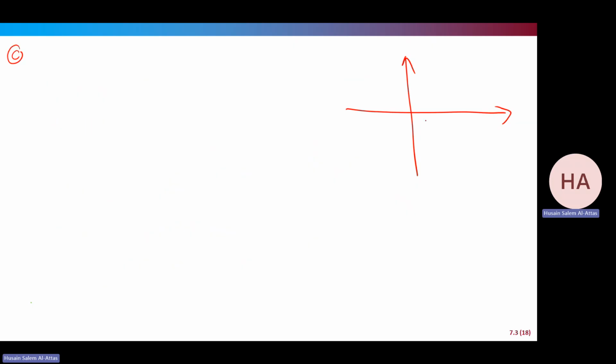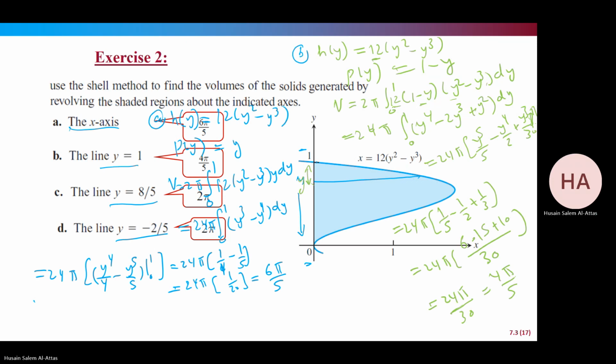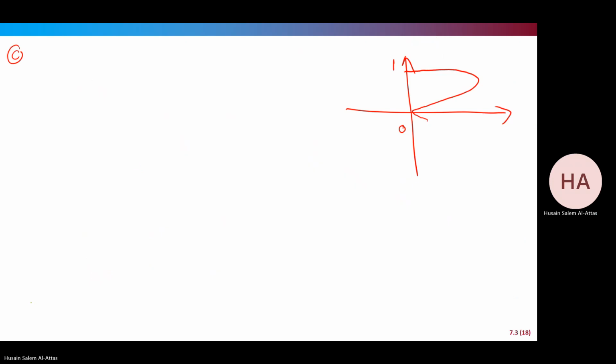It will go something like this, then it will do something like this. It is 0 to 1, yeah. And it will cross that. Now I have the line. What is it? 8 over 5.